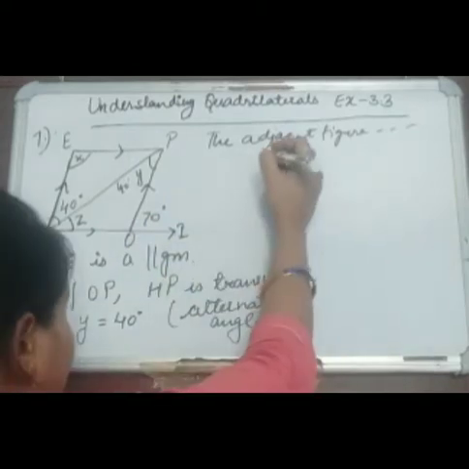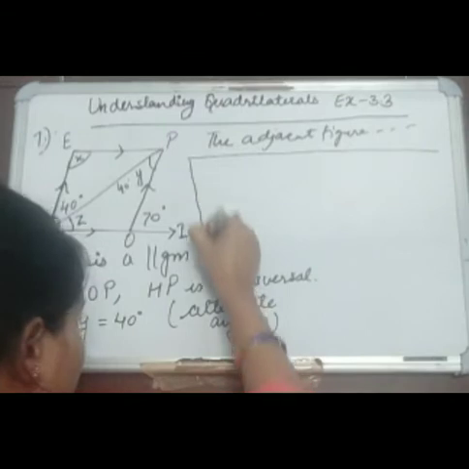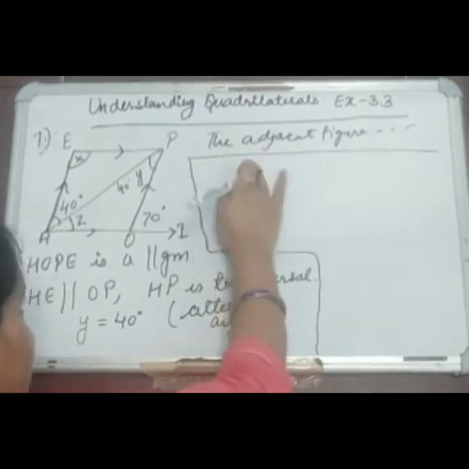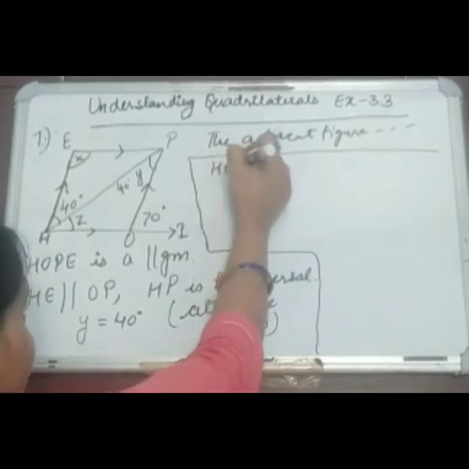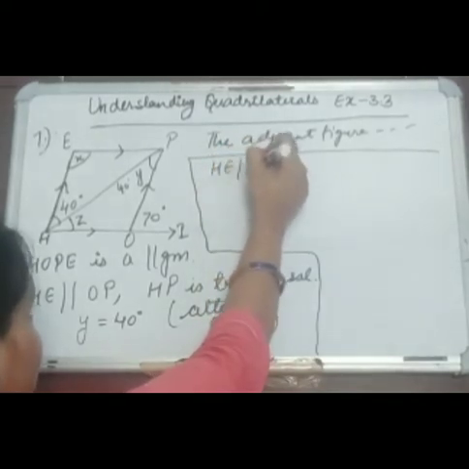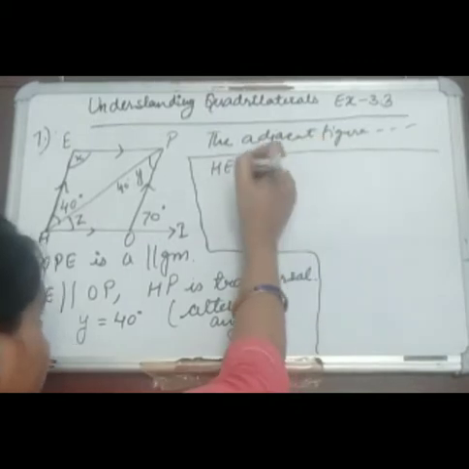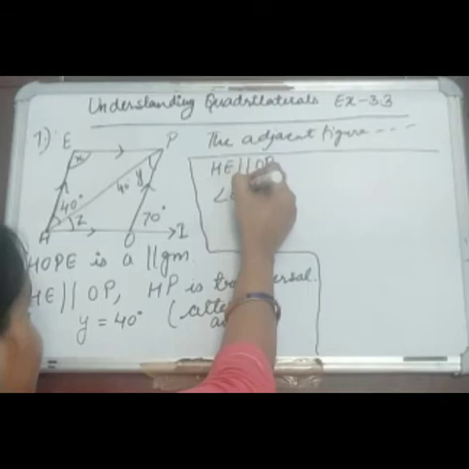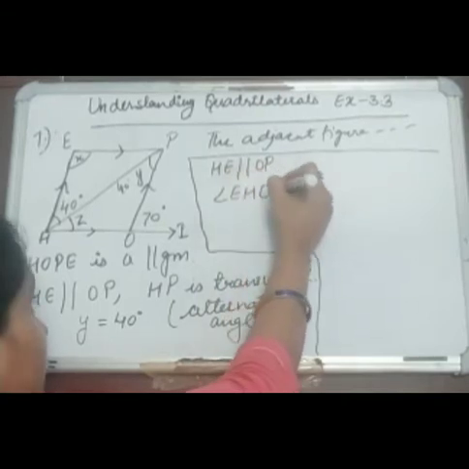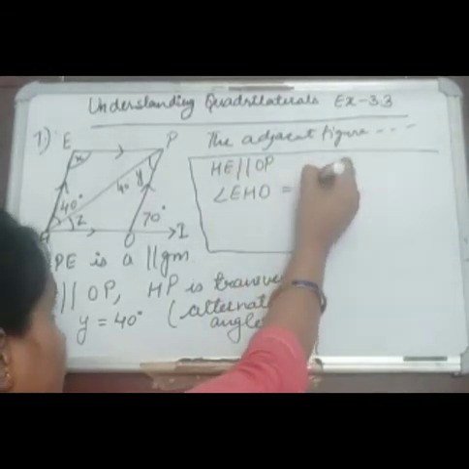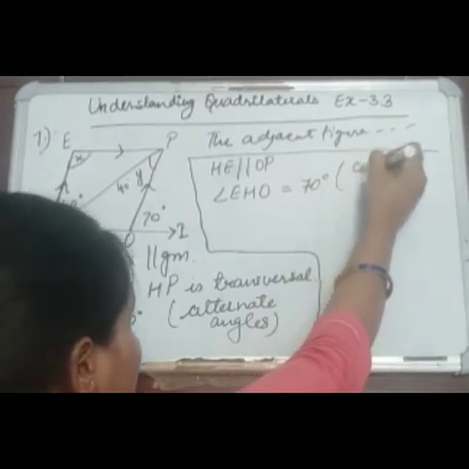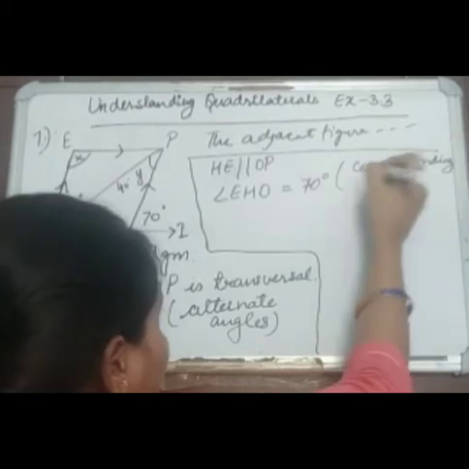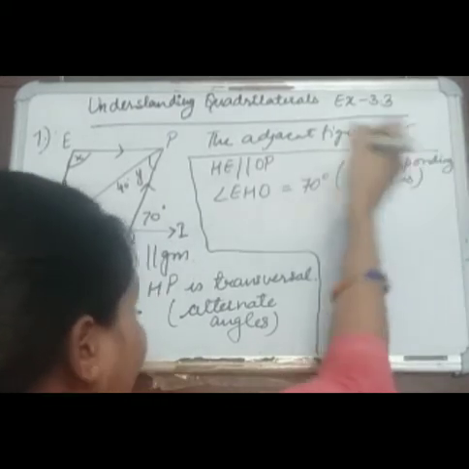So what I can write? Now see here, HE is parallel to OP, and so I can say that angle EHO is equal to 70 degree, corresponding angles.